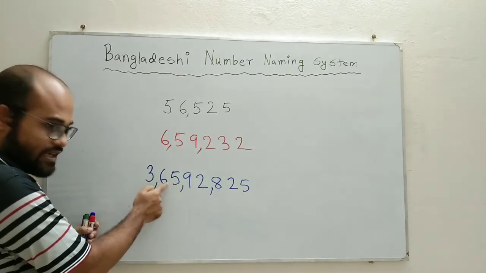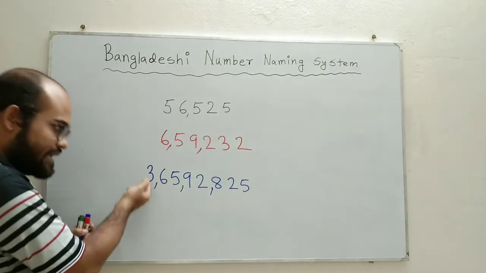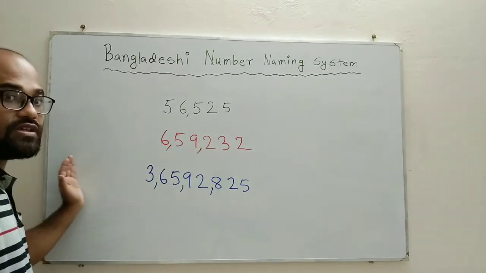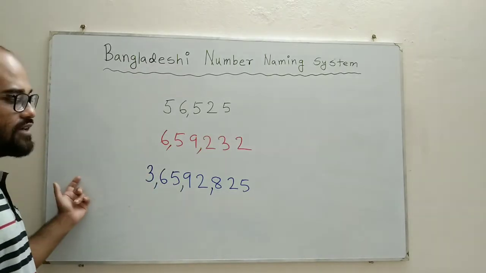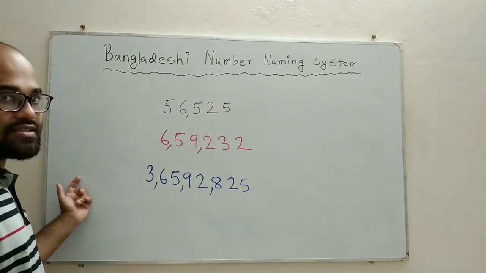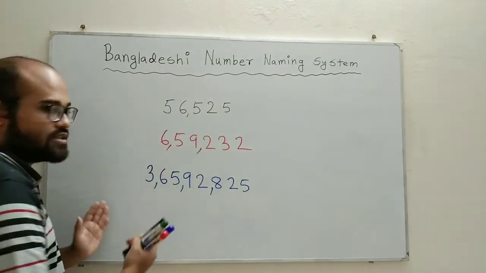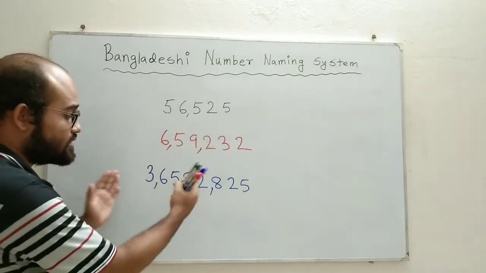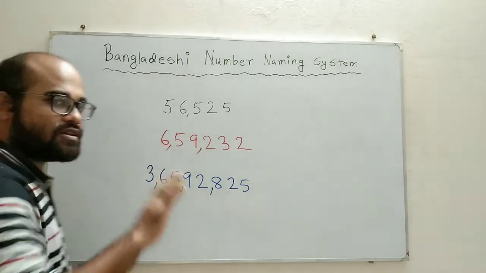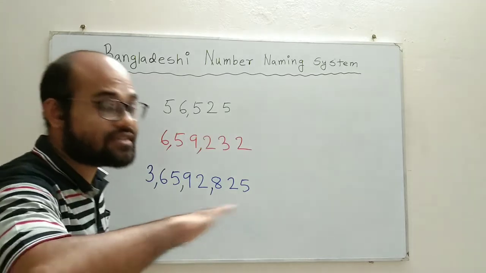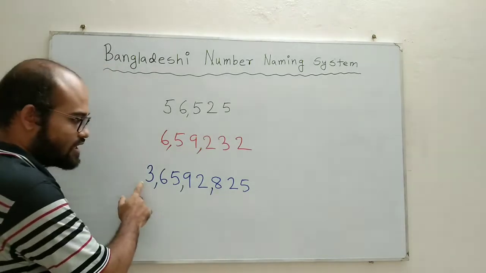So after 5 and 6. And again, if I have to put commas, I have to put them after every 2 digits. But after 3, since I have no other digits left in this number, I will just be content with these 3 commas. And these 3 commas are sufficient to enable you to read this number with ease.